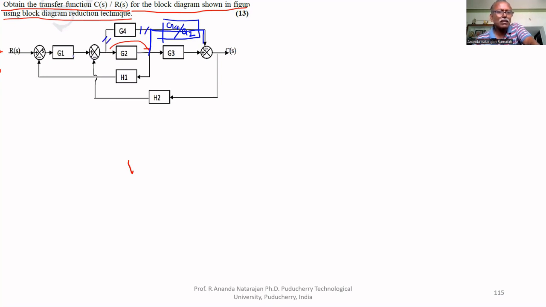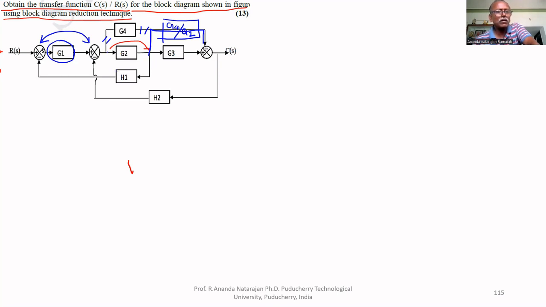Similarly here, this feedback involves this summing junction. That's why we cannot remove this feedback. For that, we have to interchange these two summing blocks. That is the 8th rule. It's not possible at present because of this G1. That's why we have to move this G1 outside, so that we can remove this feedback.